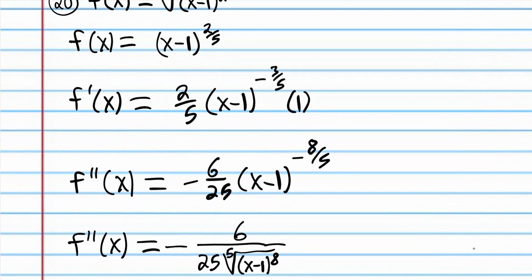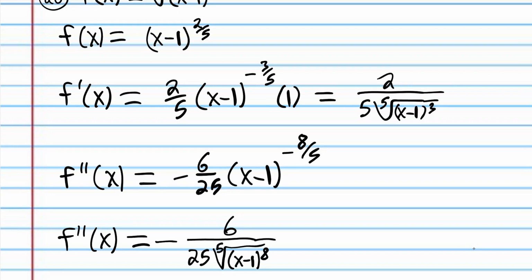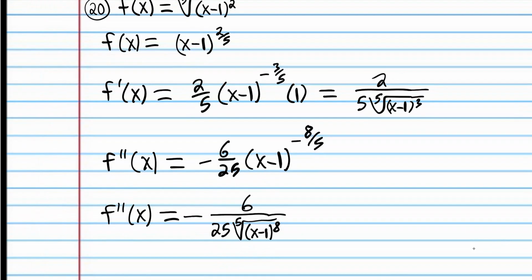Let's write the first derivative in a form that we can understand, and you can see that the first derivative is undefined when x is equal to 1. So I'm going to write over here, x cannot be equal to 1, because we get 0 in the denominator.